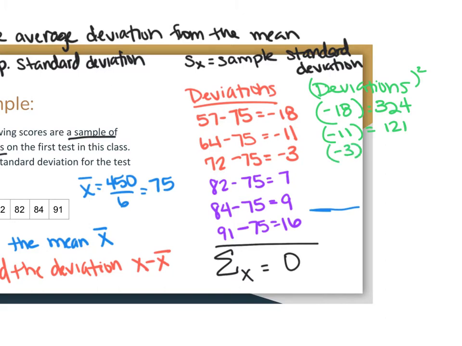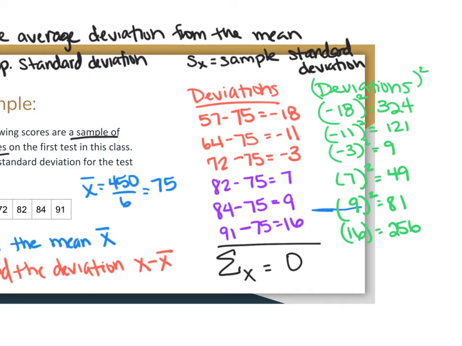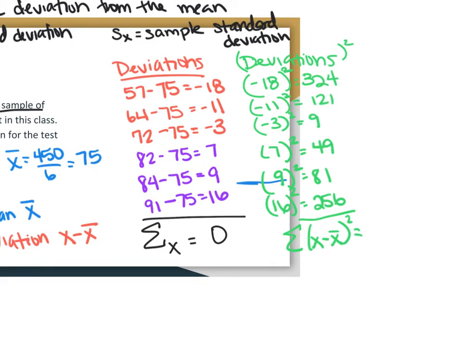Negative 3 squared is equal to positive 9. 7 squared is equal to 49. 9 squared is equal to 81. And then 16 squared is equal to 256. So when I go through now and add all of these up, the sum of x minus x bar squared, the sum of the deviations squared, is equal to 840.